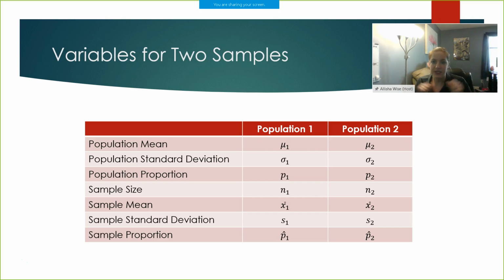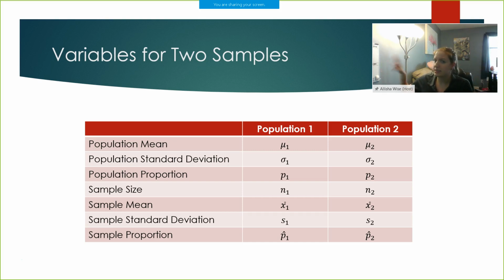So P1 and P2. Sample size: N1 refers to the sample size in the first sample, whereas N2 would be the sample size in the second one. So that would be like I have 83 students in my first class, so that would be N1.